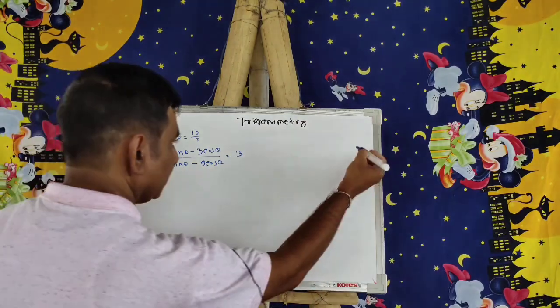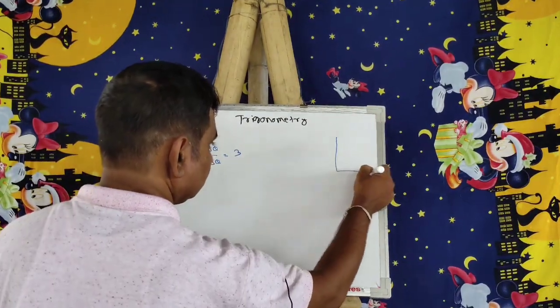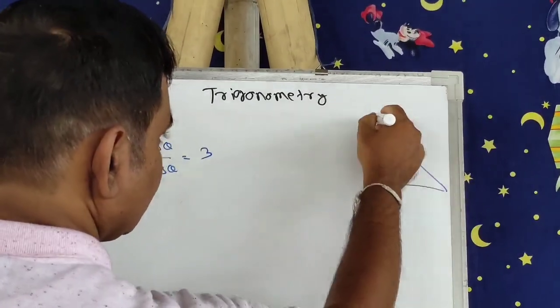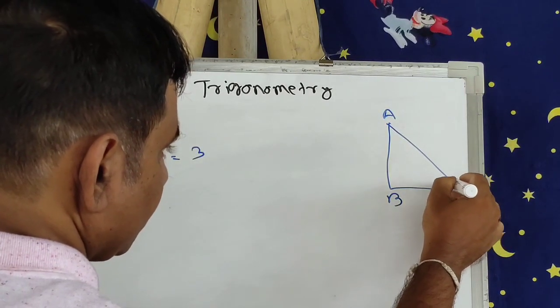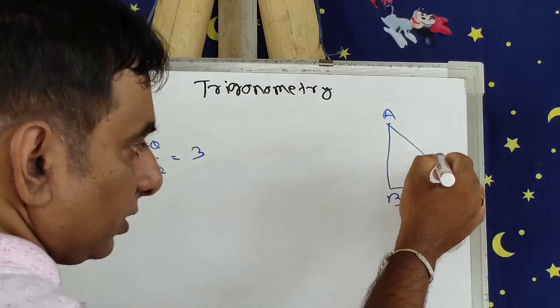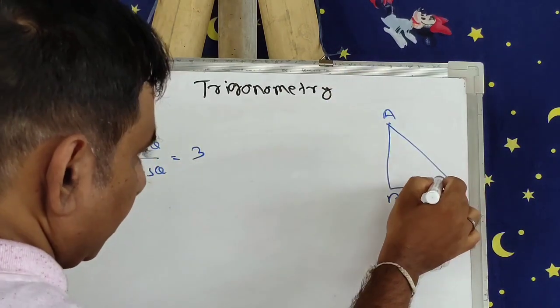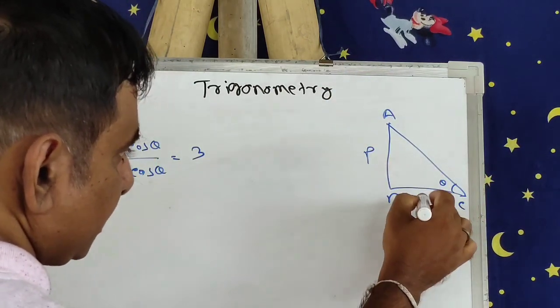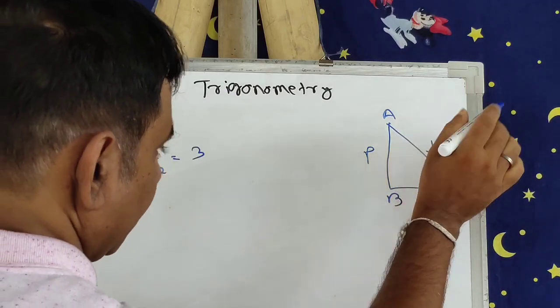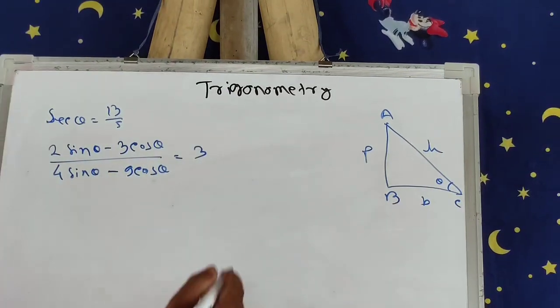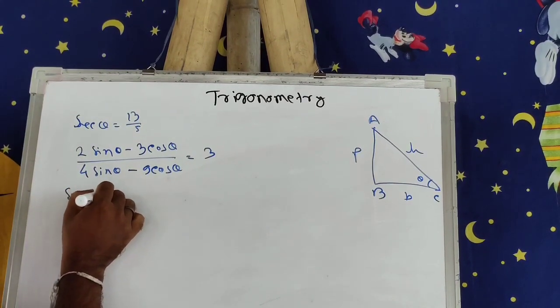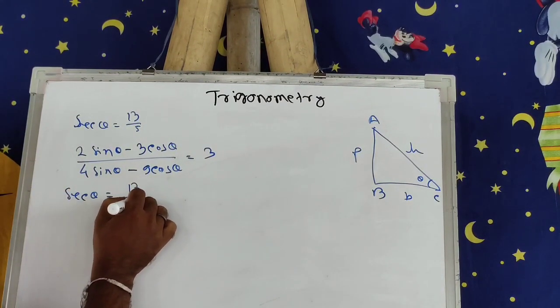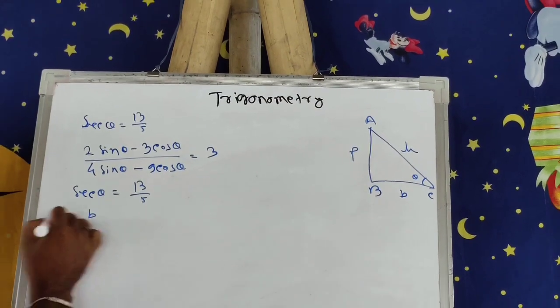Let us take a triangle, say ABC. Let me do this one is theta, not this one. Okay. Then what is your perpendicular? Will be this, base will be this, and hypotenuse will be this. Okay. So, sec theta equal to 13 by 5. Sec theta means what?